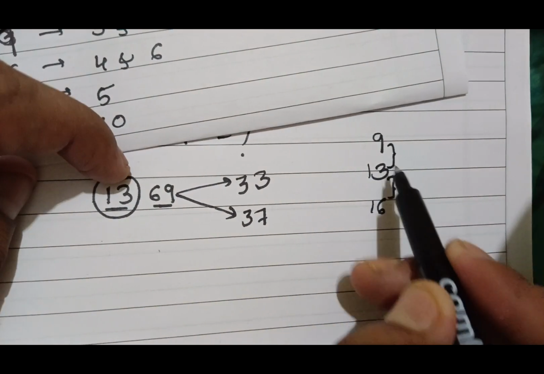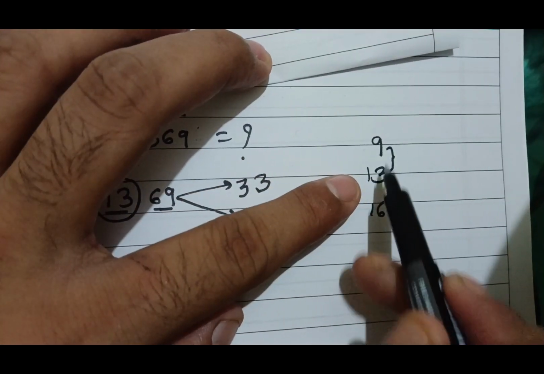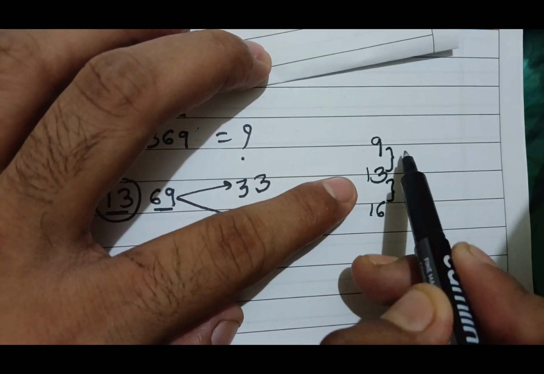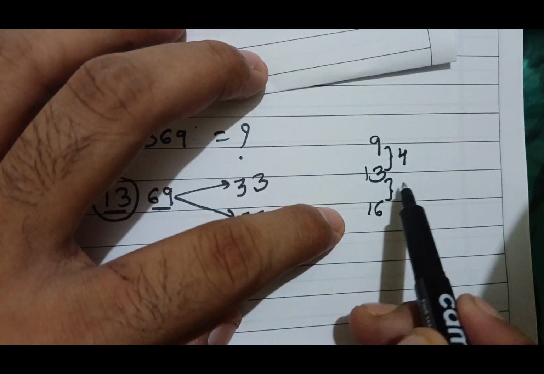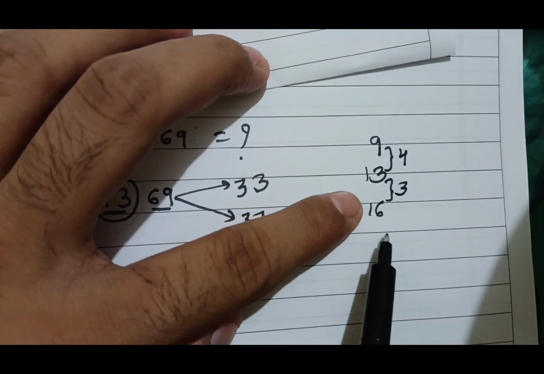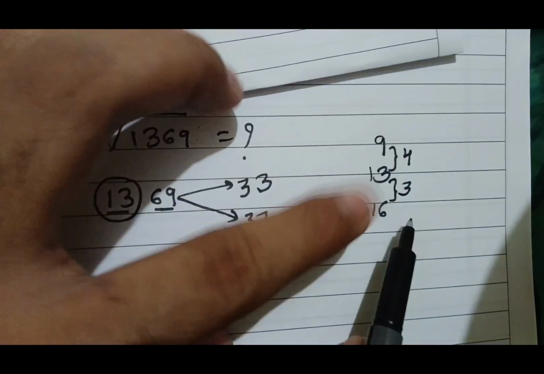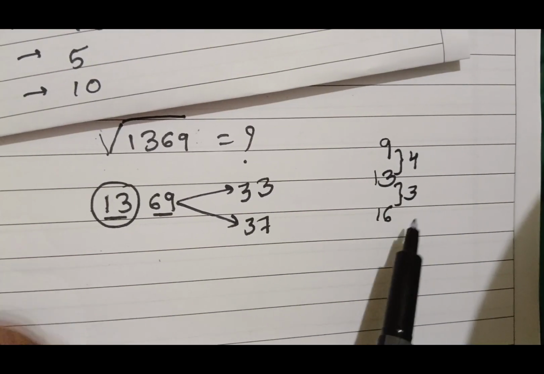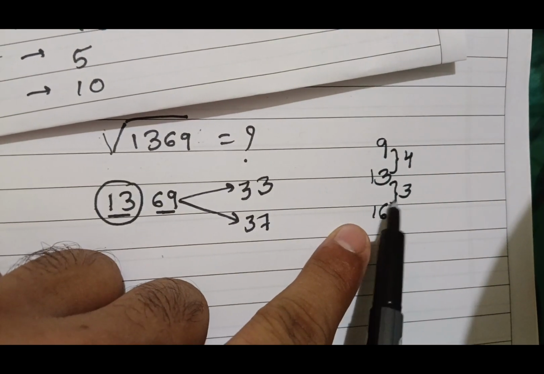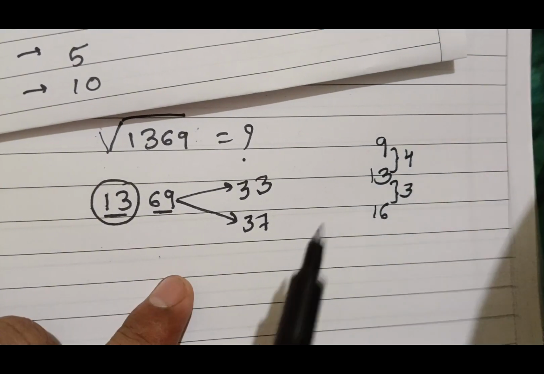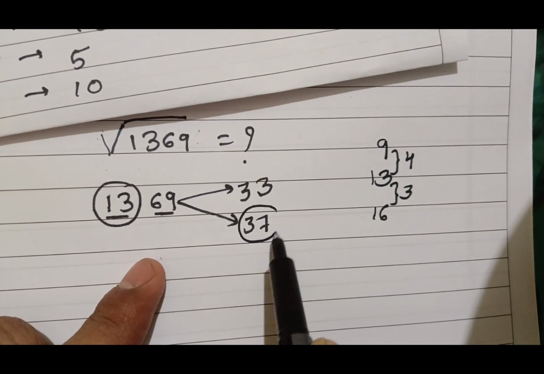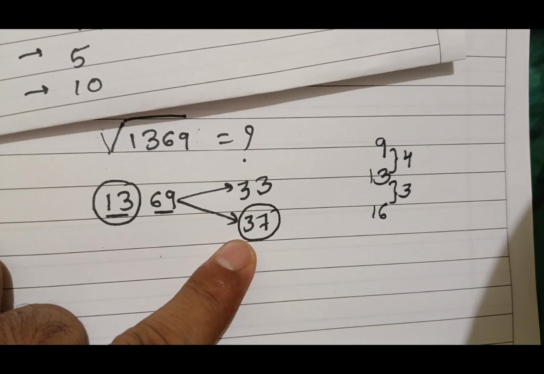From 9 to 13, what is the difference? We have 4. From 13 to 16, how much difference do we have? 3. Between which two numbers the difference is less, that number we have to take. See, for 16 we have less difference, means the larger number has the difference less, means this is the square root of the larger number, which is 37.